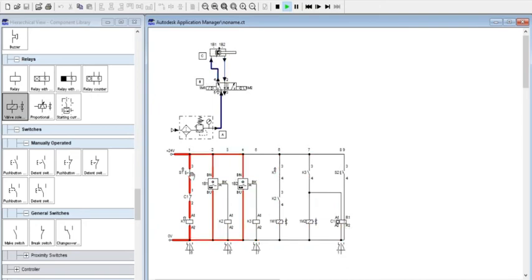Wait, we change this first to normally open. So we can see it reset back to 5. Okay, we do the simulation for the second time to see how it works.